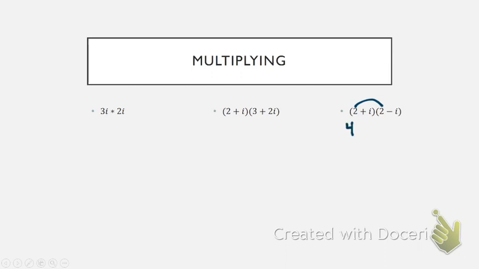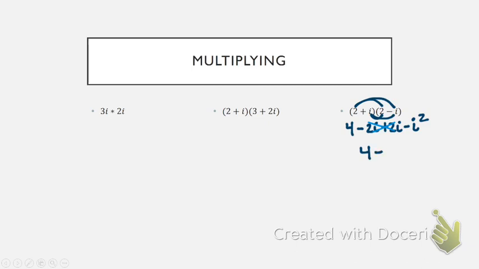So 2 times 2 is 4. 2 times negative i is negative 2i. i times 2 is plus 2i. And i and negative i is negative i squared. So in the middle there we have negative 2i plus 2i. Well, that cancels.